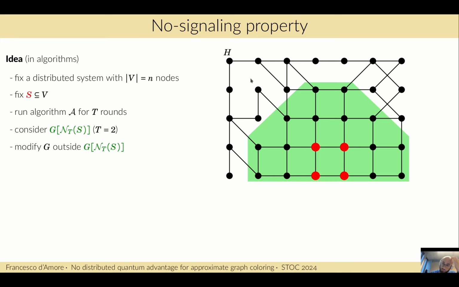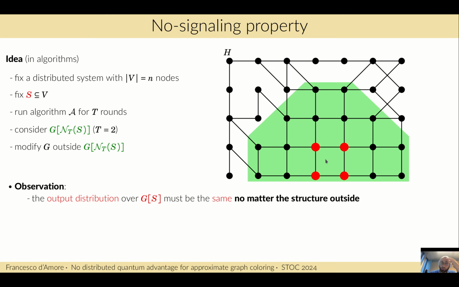Now if we modify the graph outside the green region and we run the algorithm again, the output distribution over the red nodes must be the same no matter the structure outside, because what they see in the green region didn't change. This is the non-signaling property, and it is satisfied by all physical algorithms.